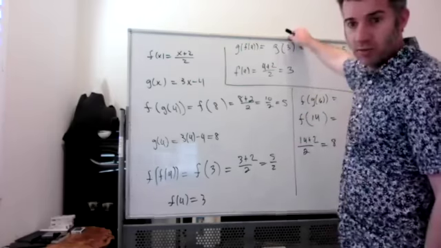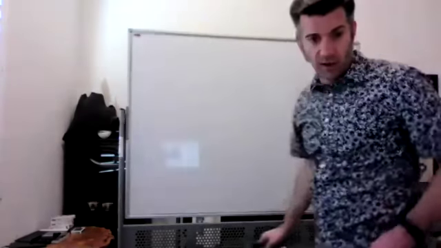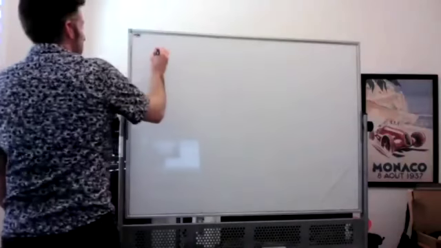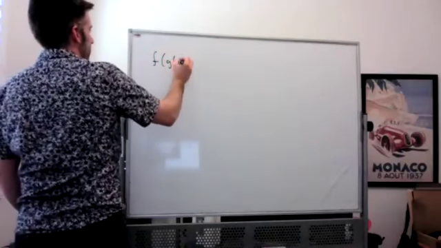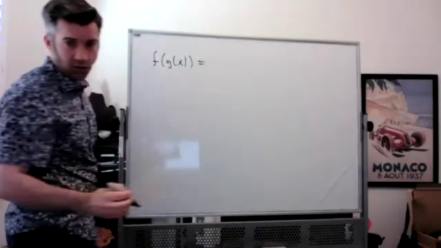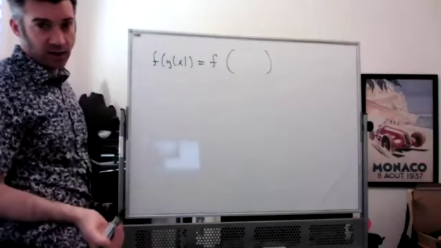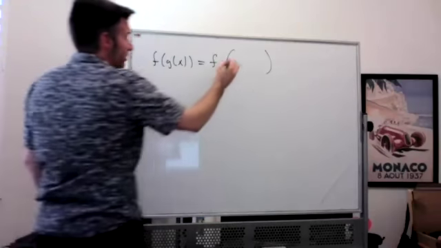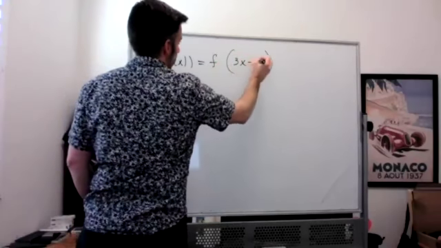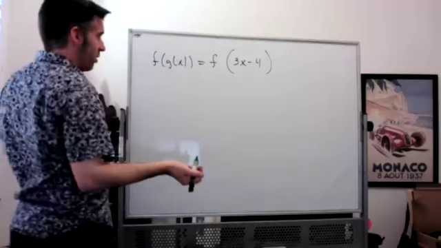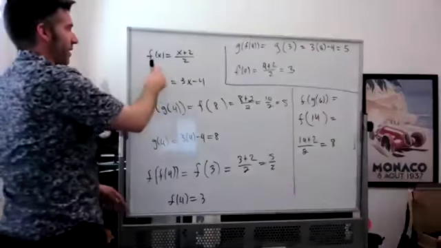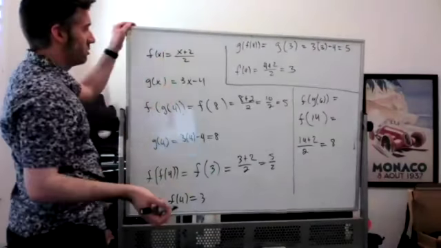And the last question that we're asked is to find f of g of x. So f of g of x is equal to f of whatever g of x was. And g of x was 3x minus 4. And then f of that, so I'll remind you guys, f of x is (x plus 2) over 2.